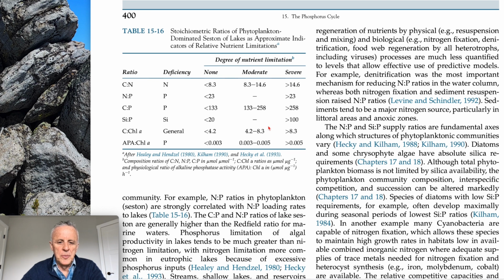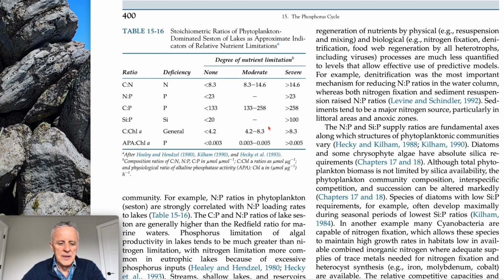Stoichiometric ratios of phytoplankton-dominated cestons of lakes as approximate indicators of relative nutrient limitations. So on the left here, we have the ratio type, we have the deficiency, then the degree of nutrient limitation: none, moderate, and severe.